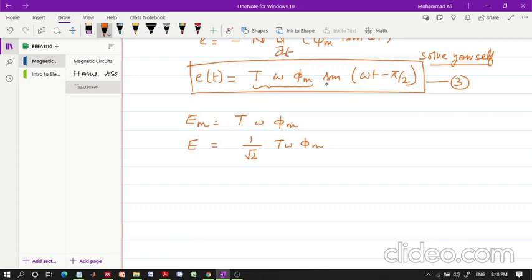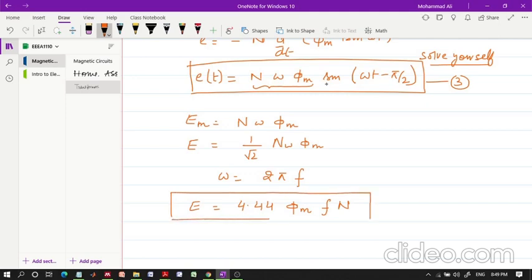And I can replace this omega by what? Omega will be equal to 2 pi f, and so I can rewrite it as 4.44 phi m f N, where N is the number of turns.